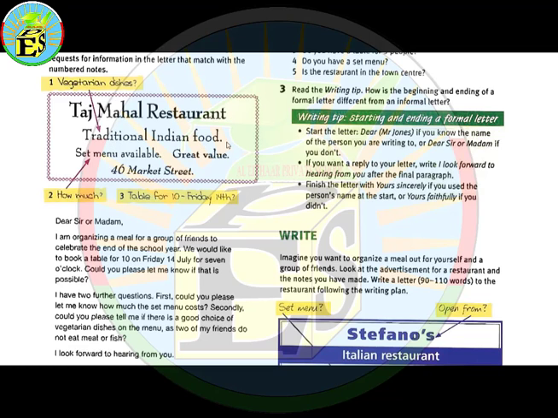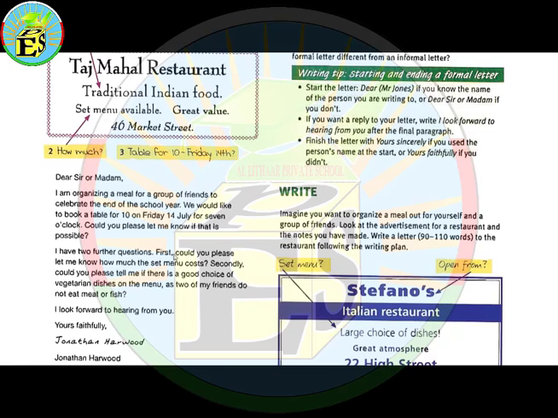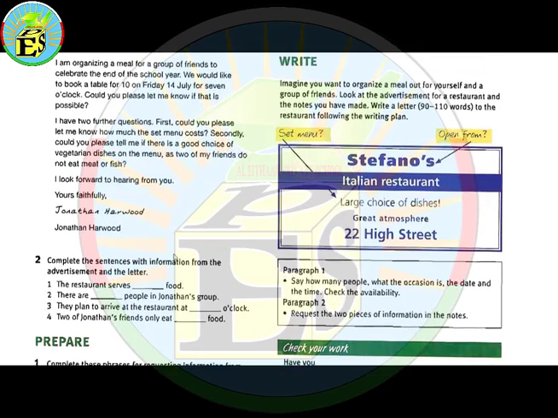It serves traditional Indian food, and they have a set menu which is available. Great value, 46. It's 64 Market Street. So now we will use the information provided in both the advertisement and the letter, and we will try to answer these questions.